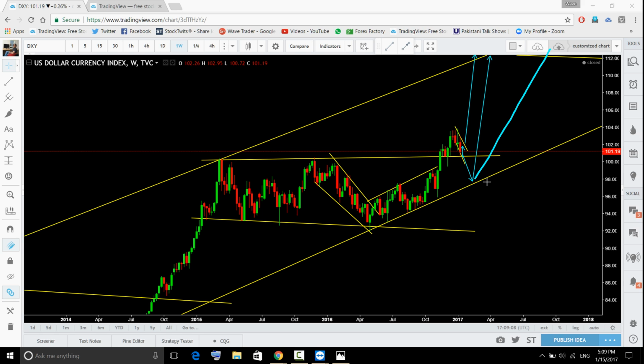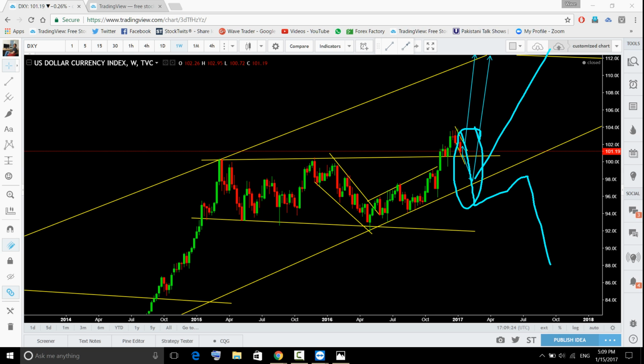It means that price is not going to reverse the trend. Only an impulse can give you an idea that it is going to reverse the trend. Okay, if an impulse forms here, then you're going to get the reversal.